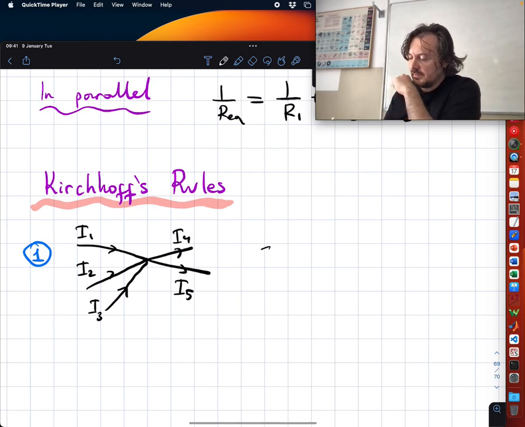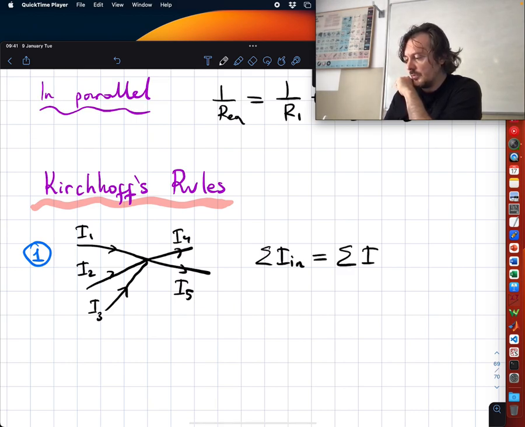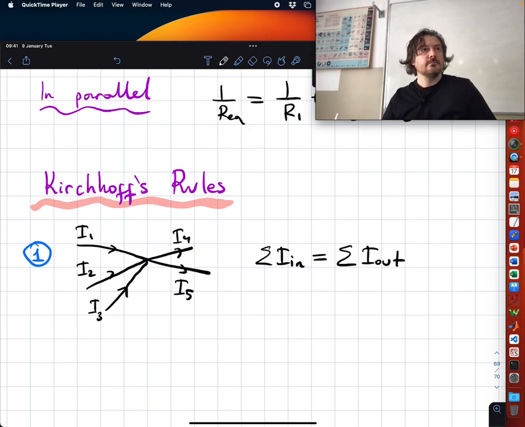So it says that the sum of the currents going in is equal to the sum of the currents going out. Any questions here? No? It's because of the conservation of charge.